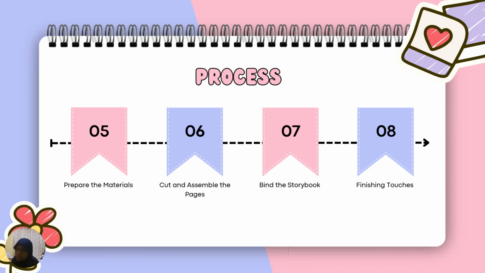As you can see here, the sliders. There is a pull tab here, so you can slide the illustration here. When I finish the book, I bind this book using double-sided tape, and I just add some finishing touches here and there.